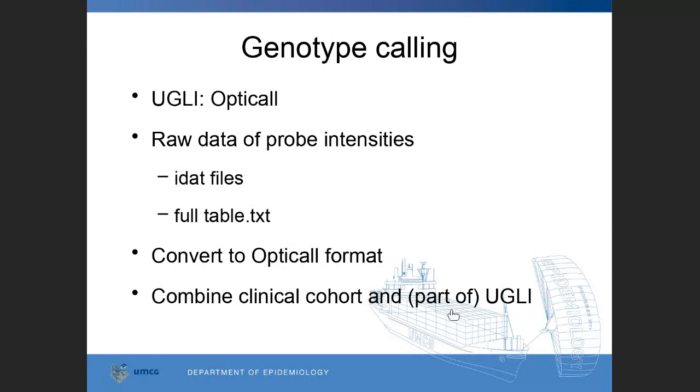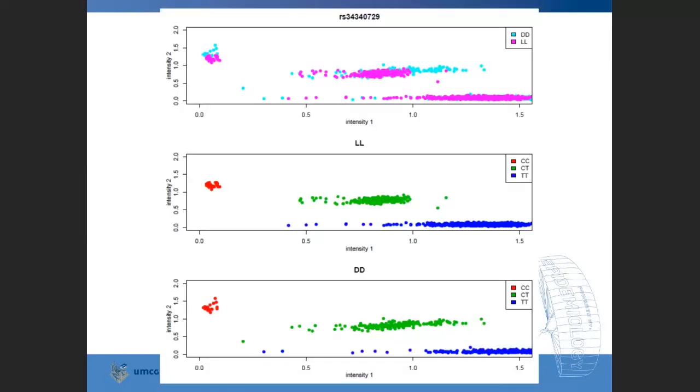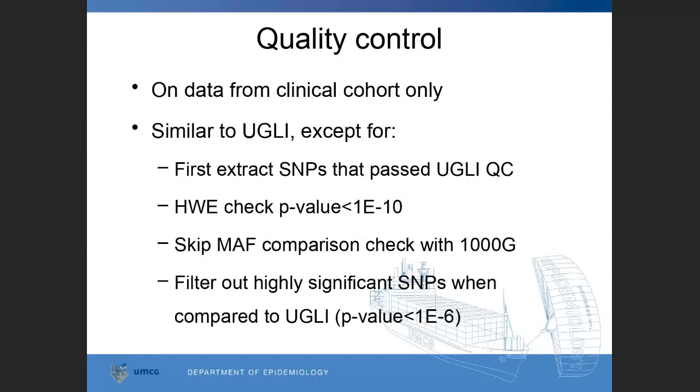UGLI itself is too large to call in one batch. So we took one batch of UGLI, 1,200 UGLI samples, combined it with data from the Dupuytren's clinical cohort, and did the calling on that simultaneously. This was an example of a good SNP.